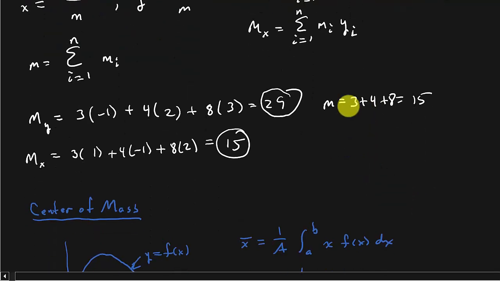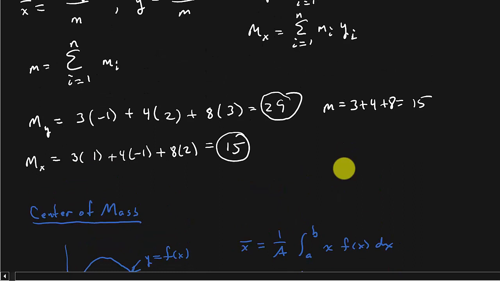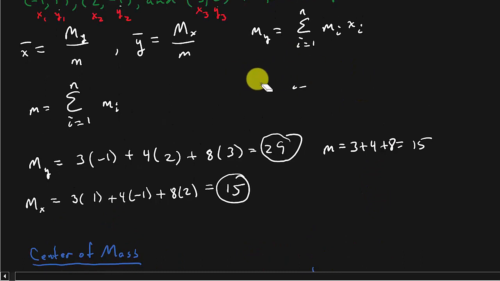So, running out of room here, let me come up here and do it, and let me erase this. So I've got x bar is equal to My over m. See, I got it written right here. And that's equal to 29 over 15.